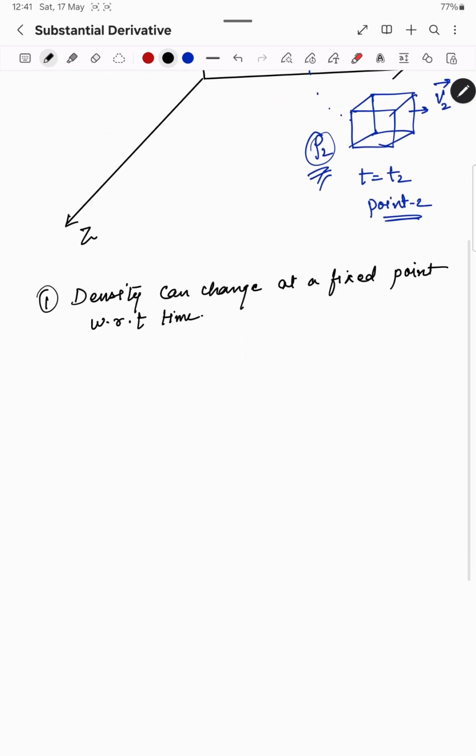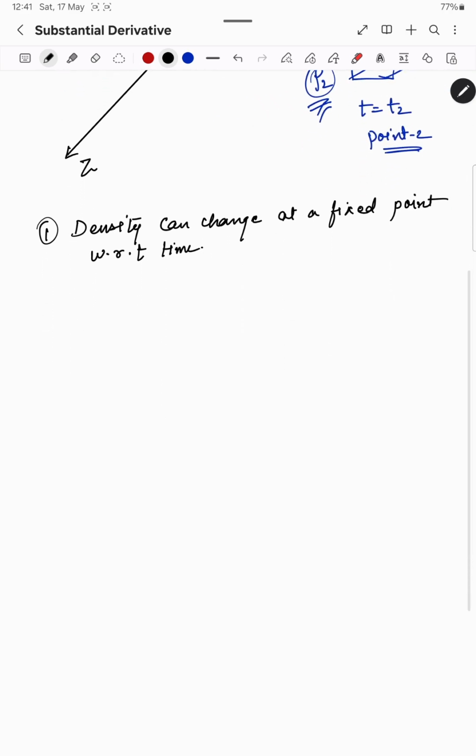To understand this sentence, suppose we have an axis like this and a fluid element here. As time passes, this fluid element is fixed here. What this sentence means is that even if the fluid element is fixed here, as the time passes, its density will change.